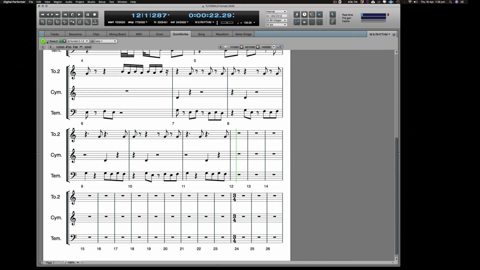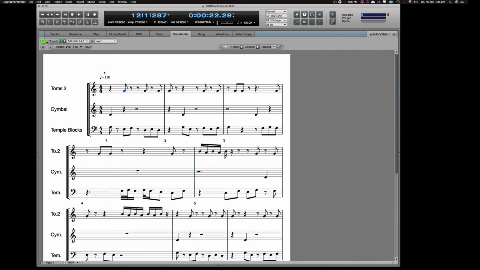Okay, so we can see that, for example, if we look here at the temple blocks, dik, da, ga, da, ga, we've got the tom happening there, and the tom happening there, and the tom happening there. The cymbal at the beginning happens on its own.